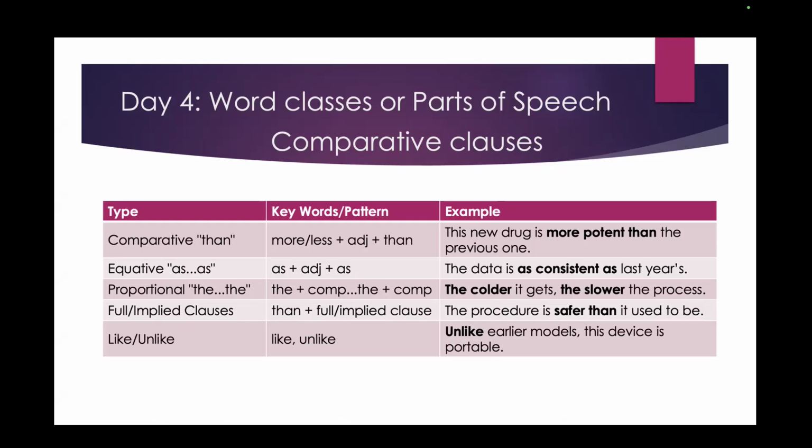For example, the data is as consistent as last year's. So here you're saying that the data from this year and from the previous year are equally consistent. So, as consistent as. This is the pattern that we use if we want to say that two things are similar.